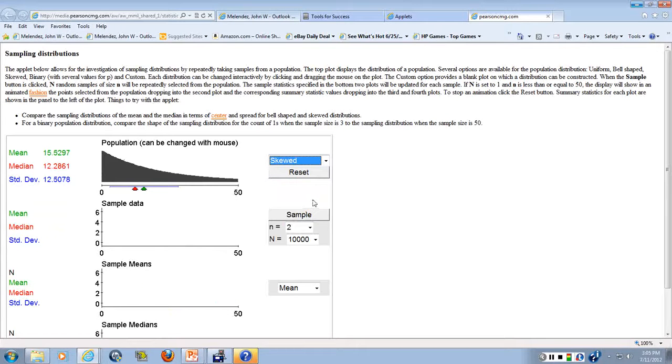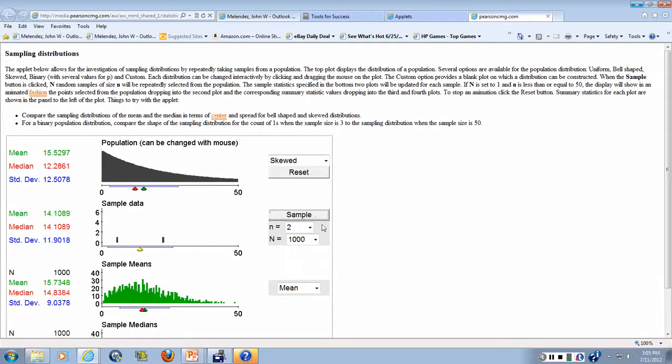Let's say it's a skewed distribution like that. Now, let's just make it 1,000. We take 1,000 samples, 2 of each. We get a distribution that does not look normal. Notice that the mean of this one is 15, and this one's close to 15 too, but still, they're not normal. Now let's keep on going.